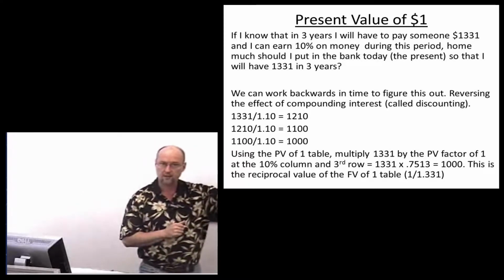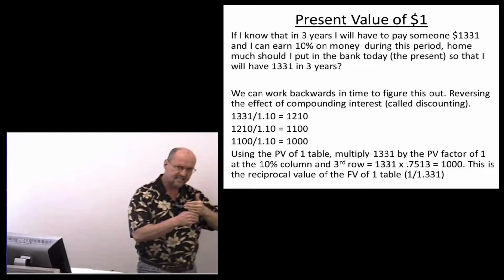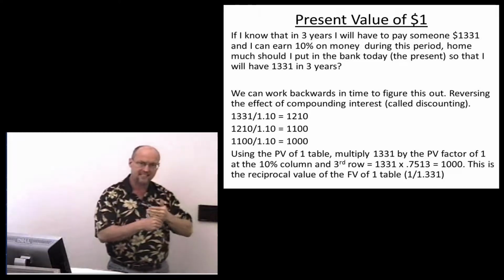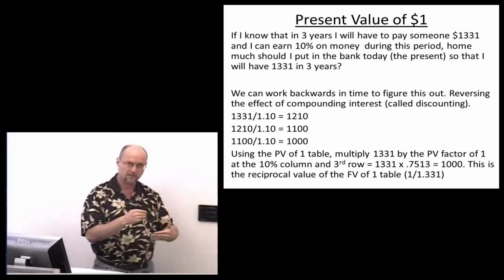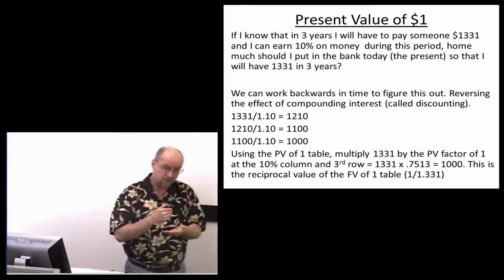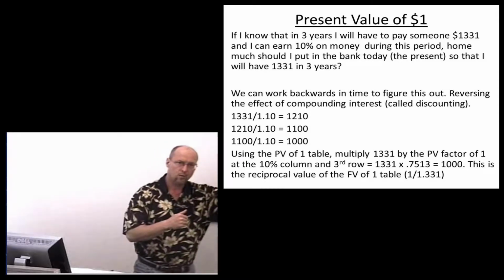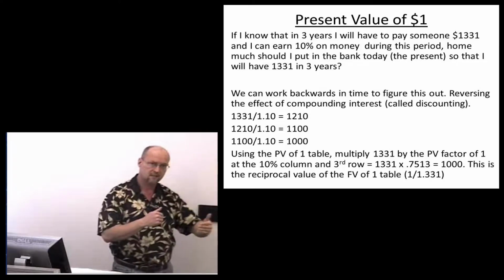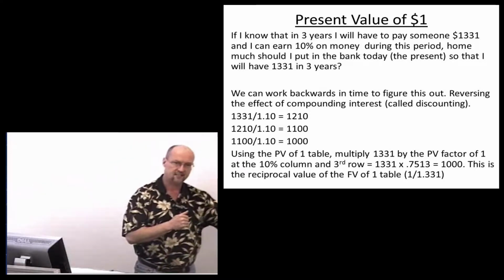I need $1,331 3 years from now, and I'm trying to figure out what is that worth today. In other words, what do I need to put in the bank today, the present value, today is the present, okay, so that if I can earn 10% on that mysterious number, I'll have $1,331 3 years from now. We're reversing the effect of compound interest, and the term we use is we are discounting.